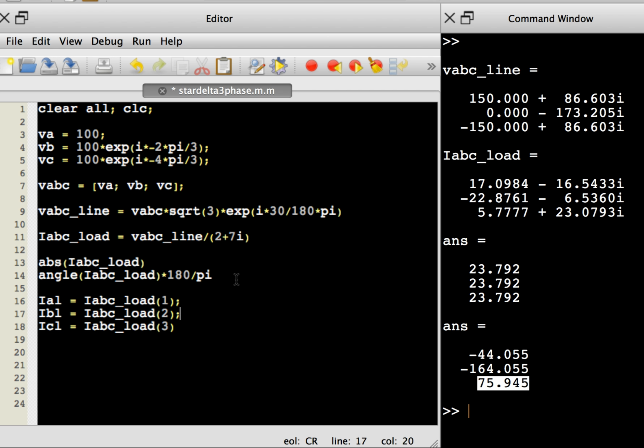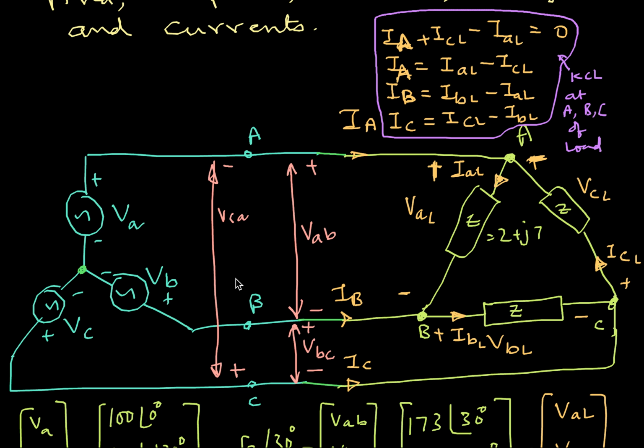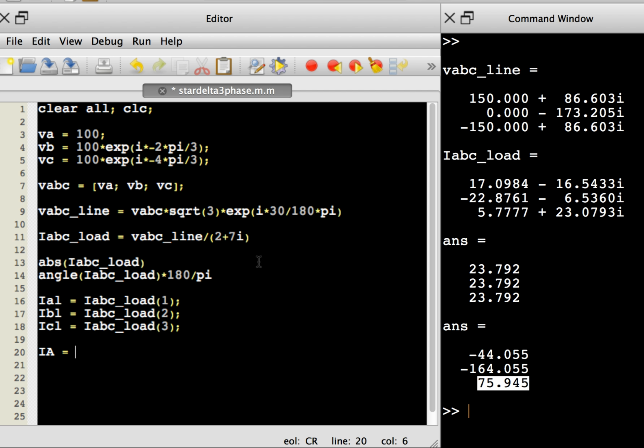Now I have these three currents, then my line currents. What is my I capital A? It is the KCL we have just written, IAL minus ICL.